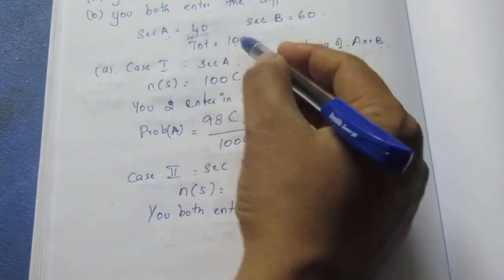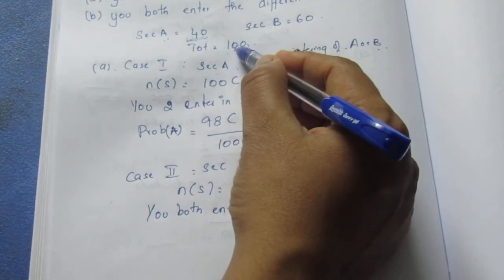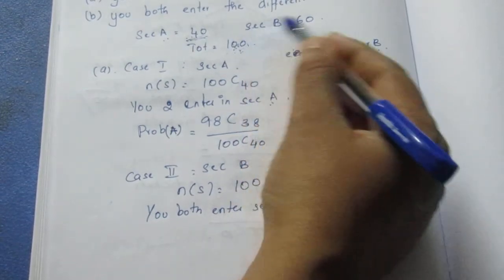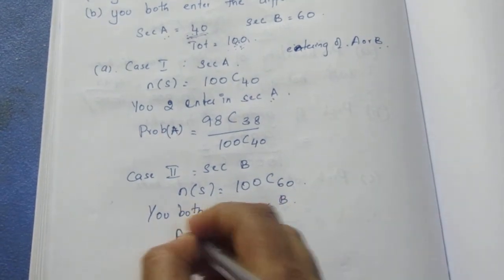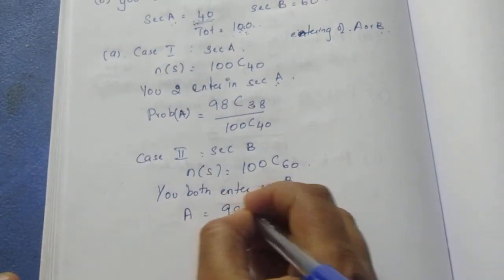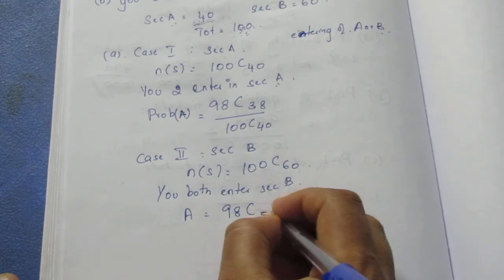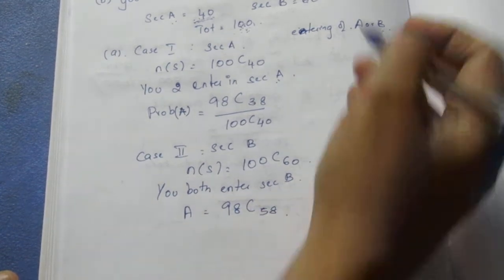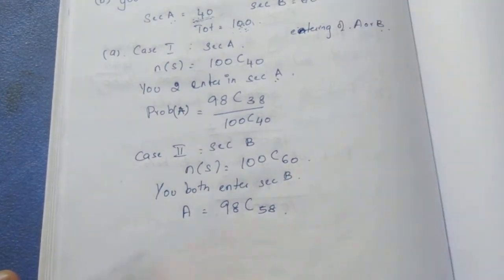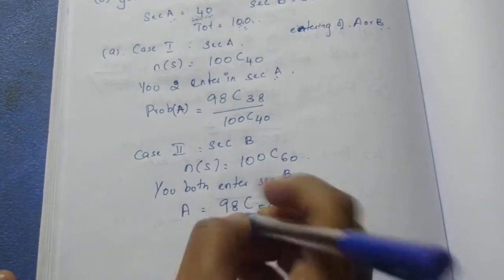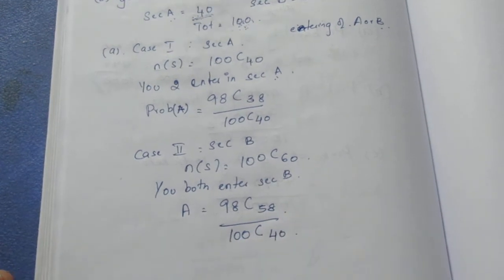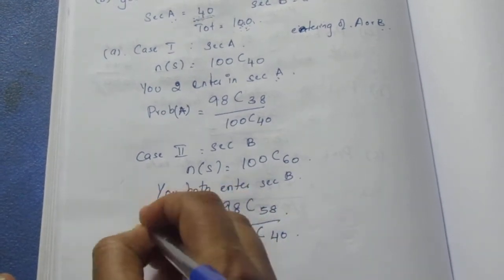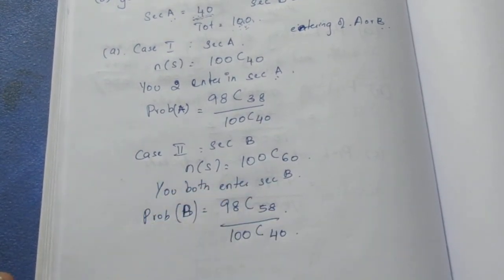So leaving you both, from the balance 98 students I need to select 58 students for section B, because you both are already in section B. So it's a quite twisted question, don't get confused. This is the probability of section B.